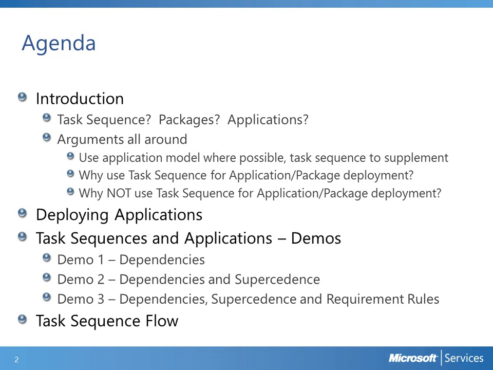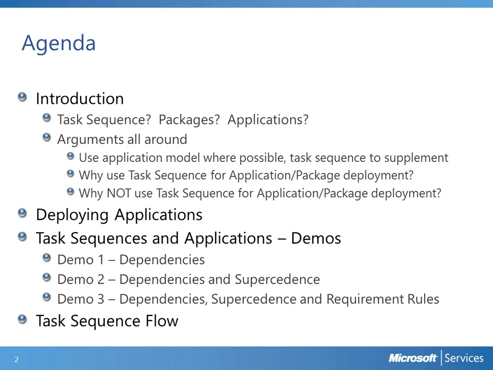In fact, one of the reasons, if you will, that task sequences became very useful for deploying packages is they really helped address some unique deployment scenarios that the package engine itself just couldn't handle. It didn't have the sophistication. Well, the application model really does have a lot of that sophistication, though there are still times the task sequence engine is useful, right?